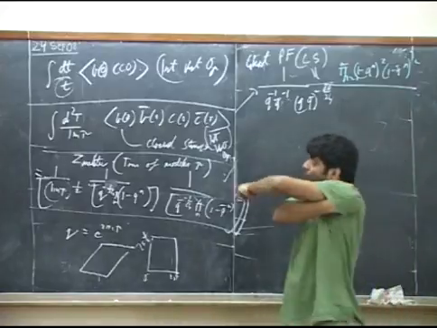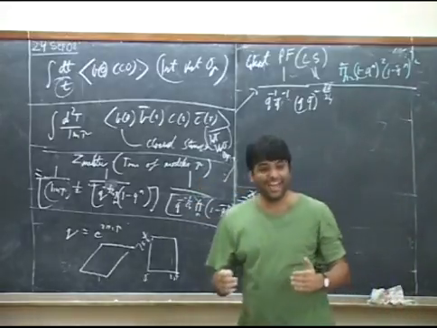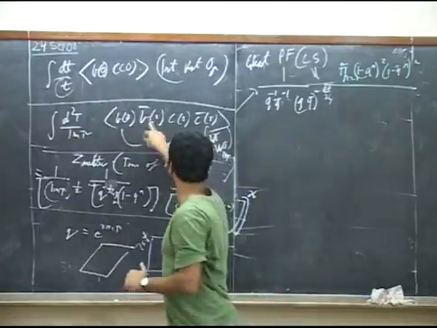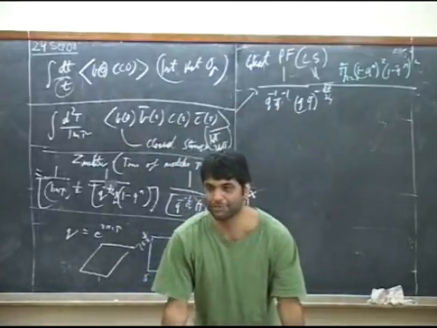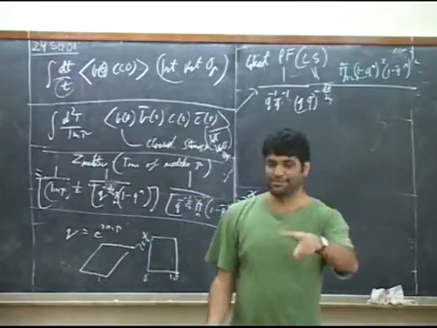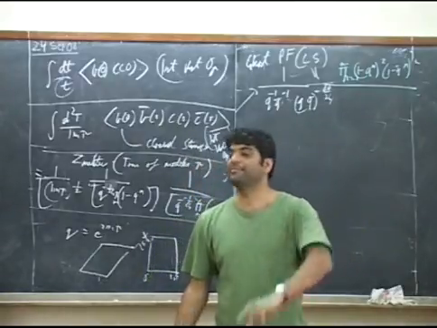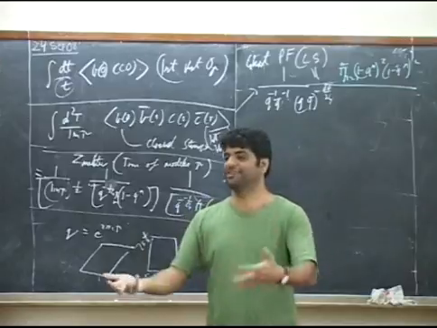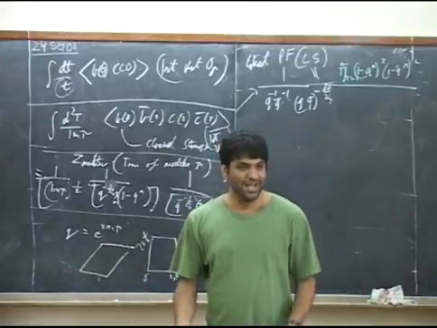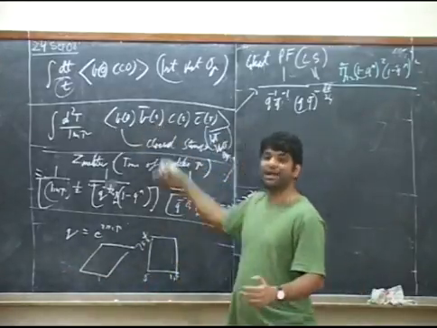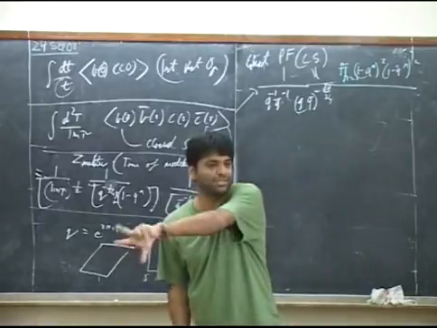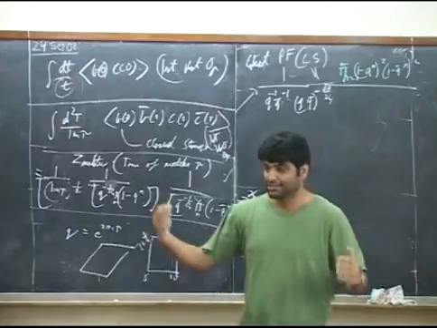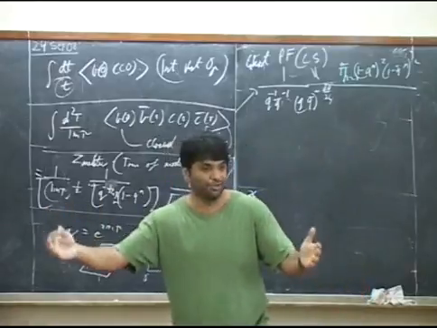Now, in the 0 mode sector, had we not had these extra insertions of B bar, C bar, we would have got 0, because the 0 mode sector has a two-state system with opposite fermion number and the same energy. So the trace with (-1)^F would have given us 0. But these insertions help us pick out these. There's one two-state system for left movers and one for right movers, so a four-fold degeneracy in the 0 mode sector.